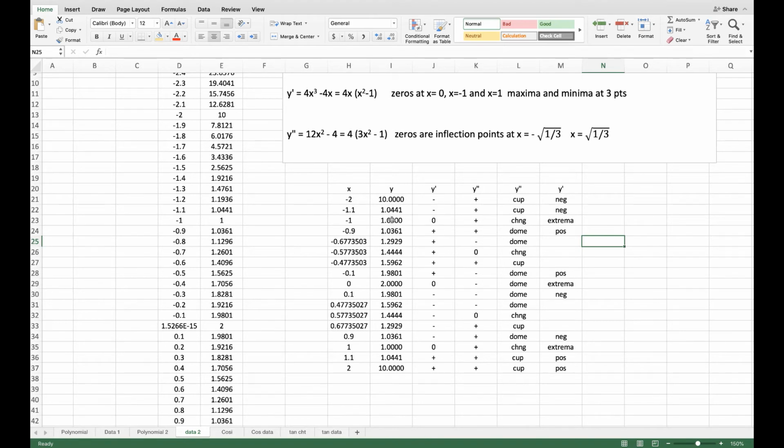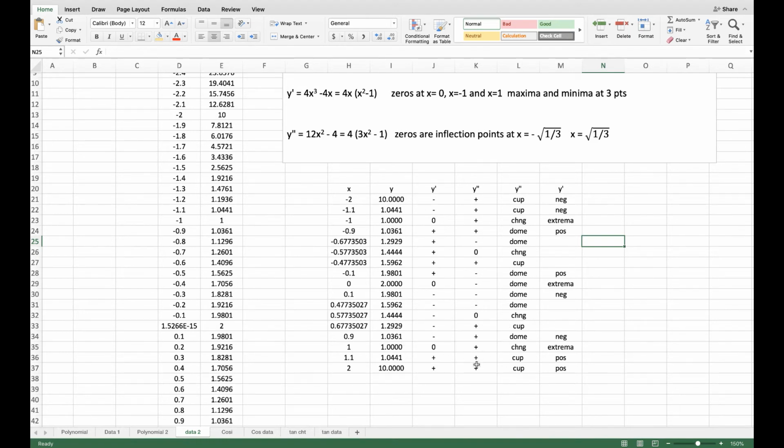These are minima because the second derivative is positive on either side of the -1 value. And the same goes with the +1. The second derivative is positive on either side of x equals +1.